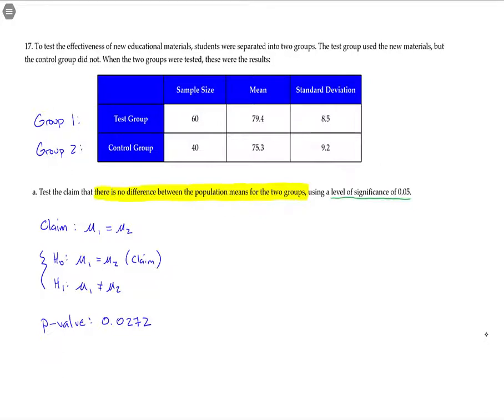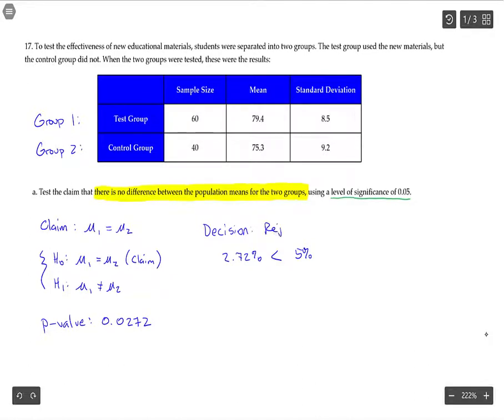So in making our decision, we compare the p-value, which I'll change to a percent, so 2.72%, and the level of significance is 5%. So 2.72 is less than 5%, and if the p is low, the null must go, so we decide to reject the null hypothesis.